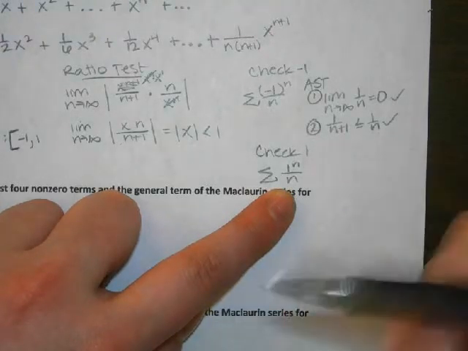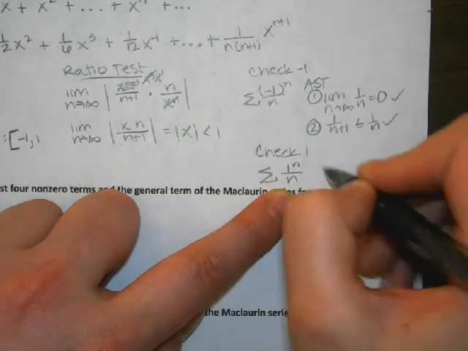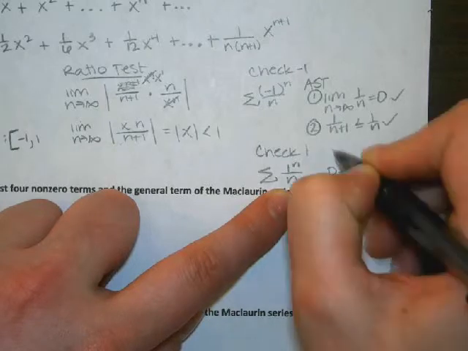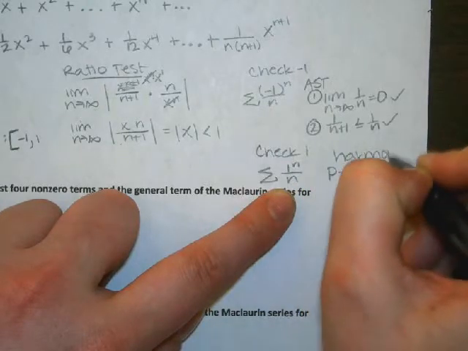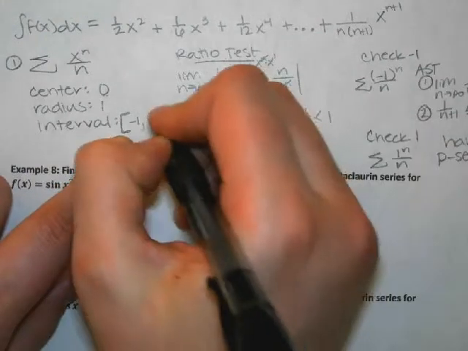The limit would equal 0, so the nth term test is not conclusive. That's the one time it doesn't work. But what is 1 over n? It's a p-series. What type of p-series? It's a harmonic p-series, and what do we know about those? They always diverge. So we're going to go back to our interval of convergence, and we're going to say it does not include 1.